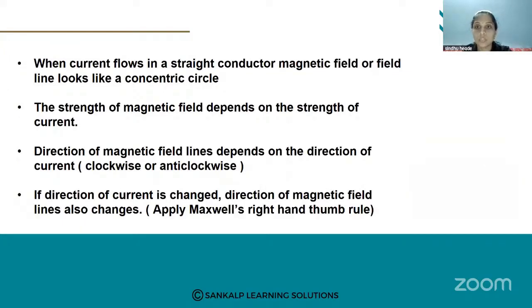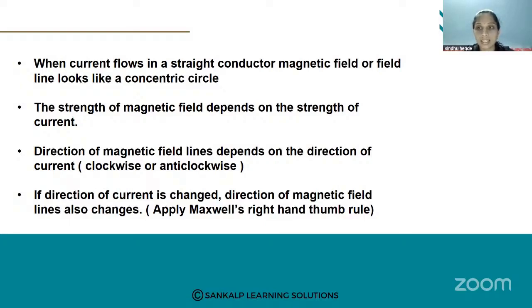Some important points. First, when the current flows through a straight conductor, a magnetic field is generated, and the field lines look like concentric circles. This is the first most important point. Second, the strength of the magnetic field depends upon the strength of the current.